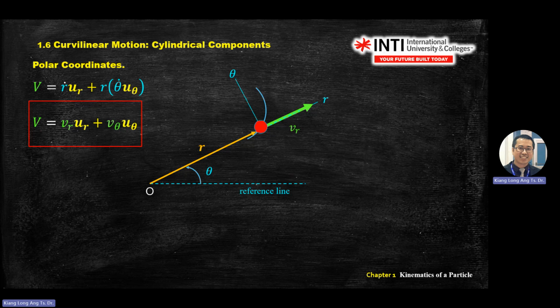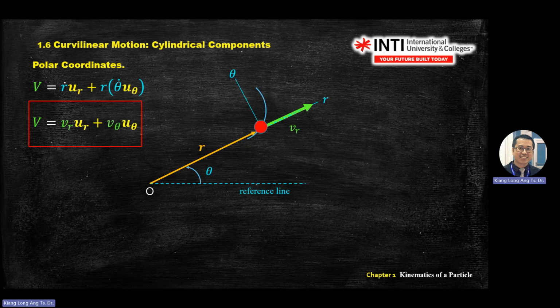vr, you write it. vr equals r dot. Oh, sorry, not u dot. vr equals r dot. r dot means v equals ds dt. Now our s you replace as r, so it's dr dt. Okay.